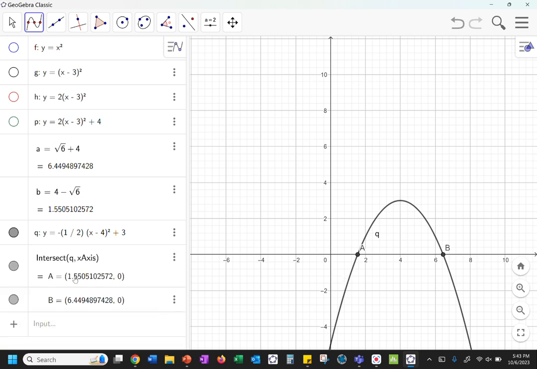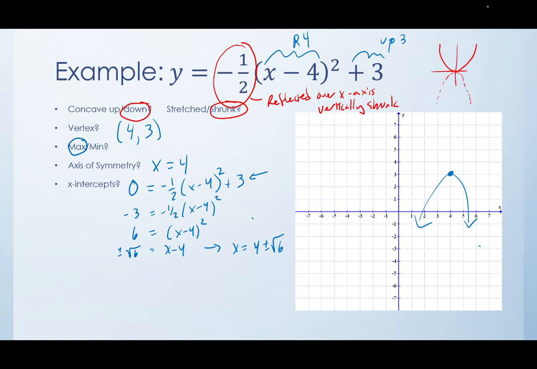It's going to tell me 1.5505 and 6.449, blah, blah, blah. Of course on the test I'm going to ask, what are the roots, give exactly. GeoGebra is not really going to tell you what that 1.5505 is. It's not going to tell you it's 4 minus root 6. You're going to have to do the math for that. Sorry, guys. Okay, so my sketch there was not too far off.